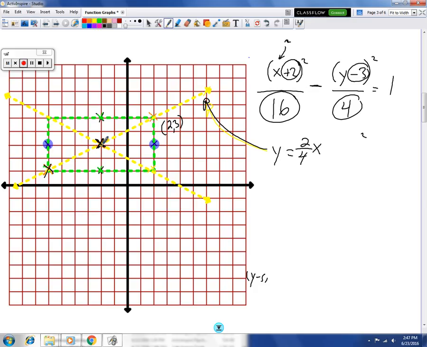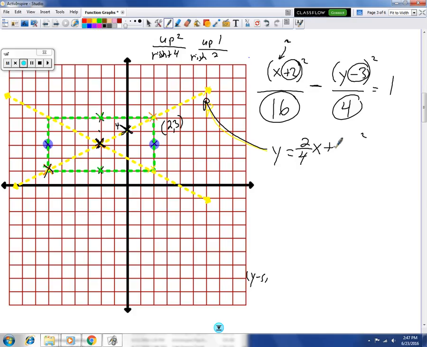See, going up 2 and right 4 is the same thing as going up 1 and going right 2. So the slope of 2/4 is really reduced to 1/2. So from this center I go up 1, right 2.